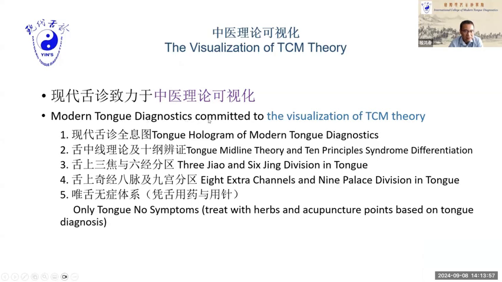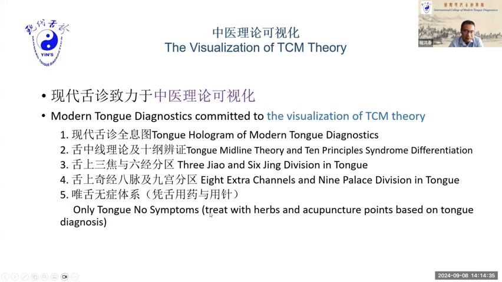Modern tongue diagnostics is committed to the visualization of TCM theory, such as the tongue hologram of modern tongue diagnostics, the tongue midline theory, the 10 principles syndrome differentiation, the 3-jiao and 6-jiao division in the tongue, and the 8 extra channels and 9 palaces division in the tongue. It also includes only-tongue, no-symptoms syndrome differentiation.